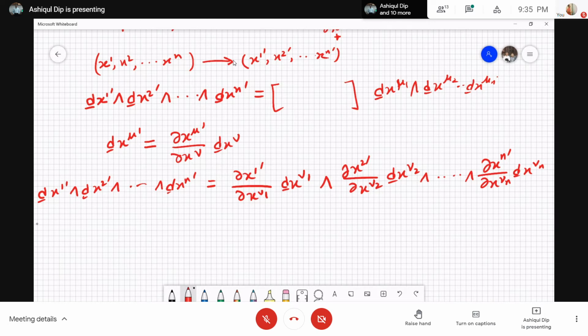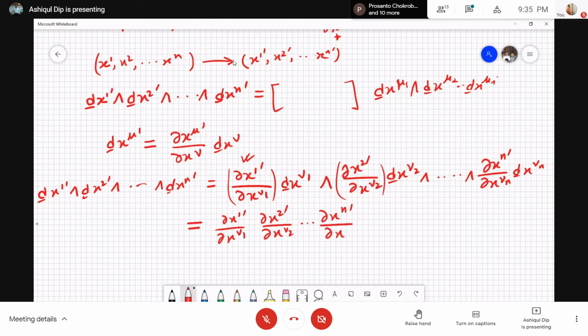Okay, so now these are just components, right? Like just numbers. We can write like this: delta x1 prime by delta x nu 1, delta x2 prime by delta x nu 2, up to delta x n prime by delta x nu n, right?